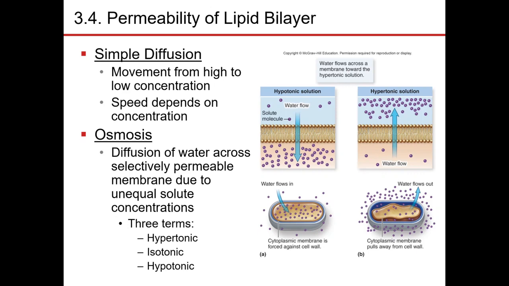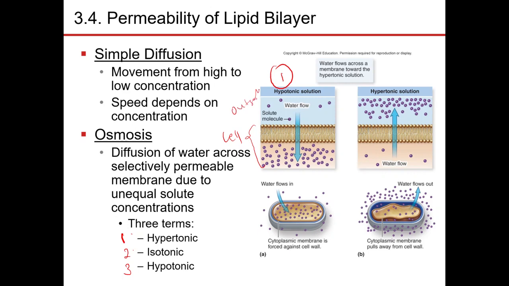So we use three specific terms to describe the concentration or the availability of water across the membrane. First, hypotonic solution. This is the cell, and this is outside the cell.